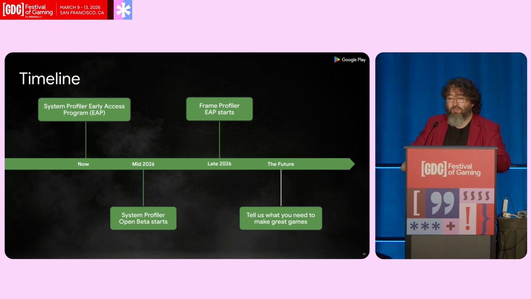Around the middle of this year, we're planning on releasing the system profiler in open beta, and I would definitely encourage you to sign up for that. Near the end of this year, the Frame Profiler Early Access program starts, and in the future, we are all ears. We need your feedback on the tools that you need to make better, more performant games, and we would love to get that from you.